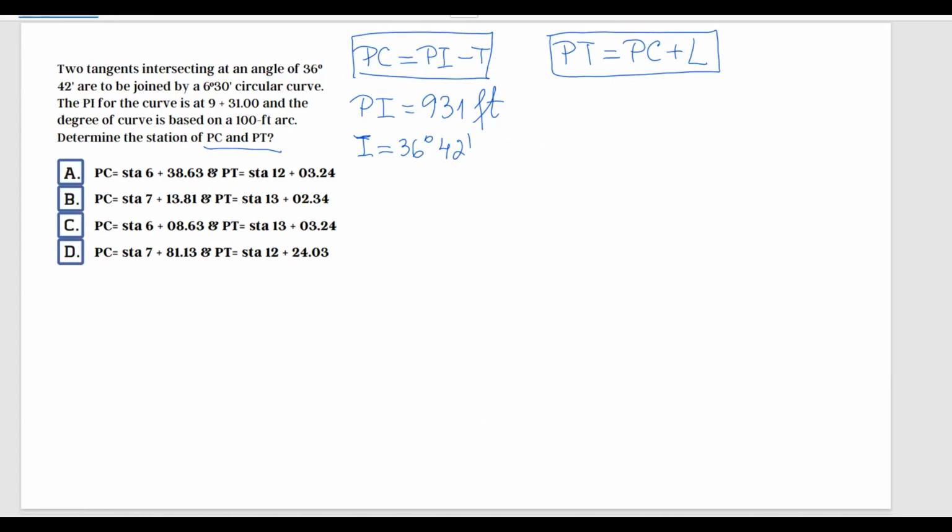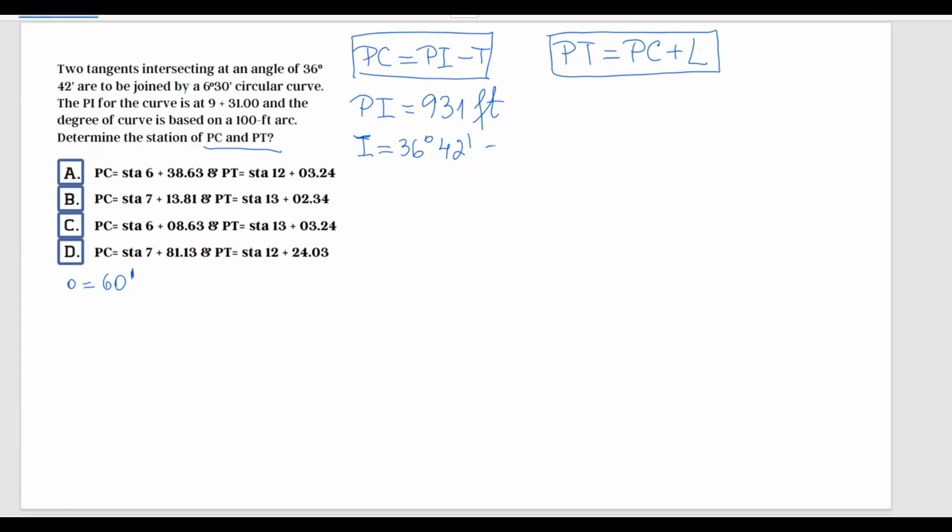Okay. So this is the angle, and you notice here we have degrees and minutes, and I'd love to transform this only in degrees. And the way to do that, remember we've talked about this before, 1 degree is equal to 60 minutes.